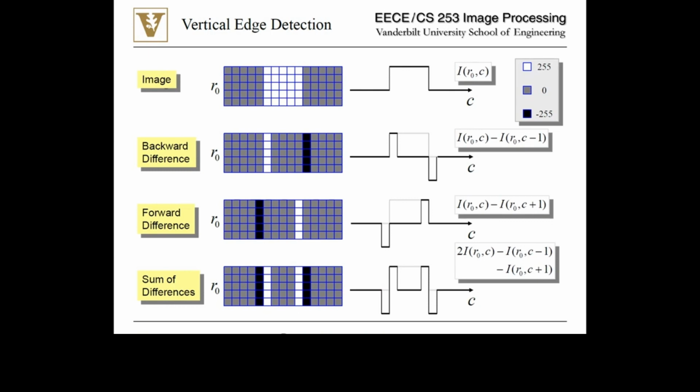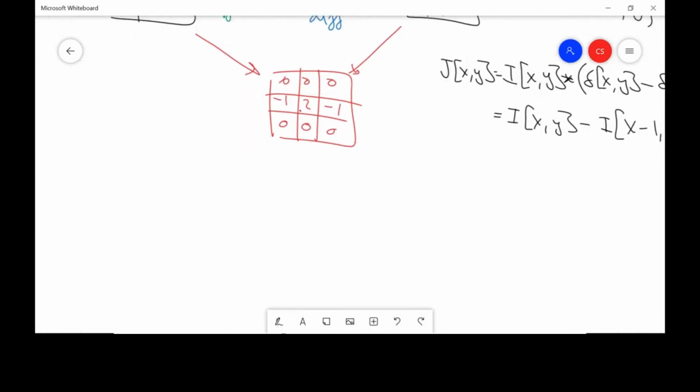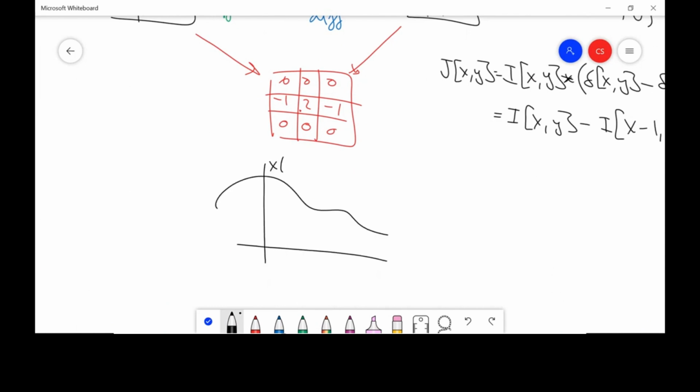Okay, why are these things called derivatives? Let's think of the derivative of the signal. You have a signal, let's say x of t, this is t. And I want to compute the derivative at some point. I want to compute what is that slope.